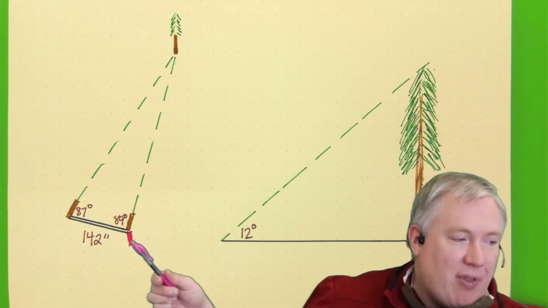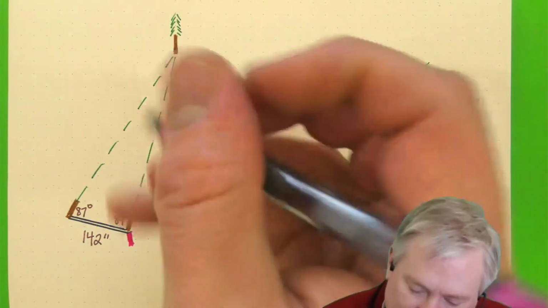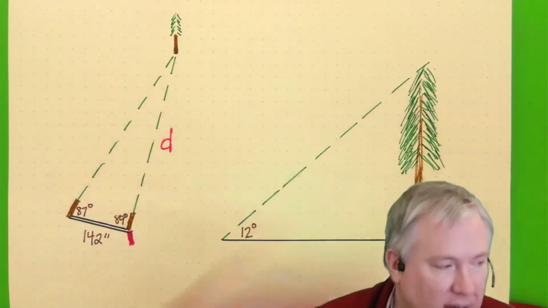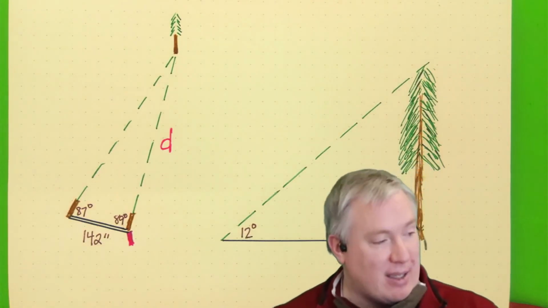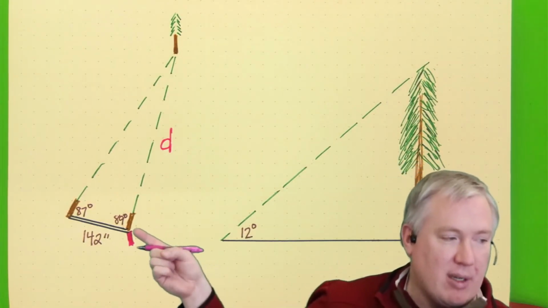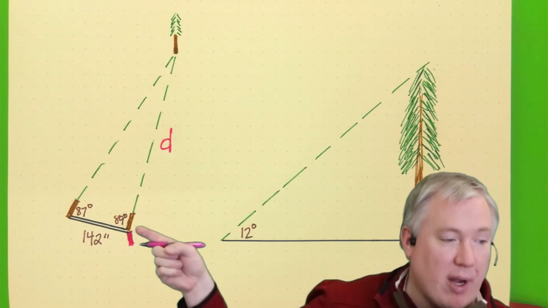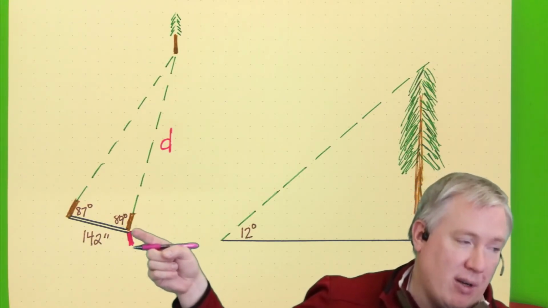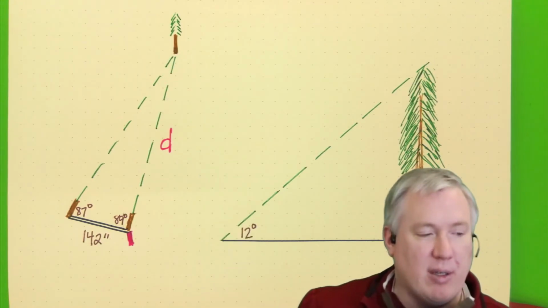If this is the distance I'm measuring, I highly recommend writing the letter D on that side, to represent the distance between whatever point I'm measuring from and that object, in this case a tree.